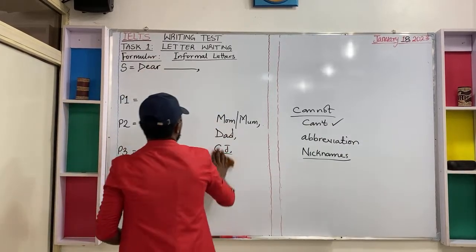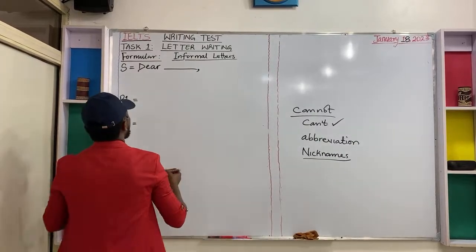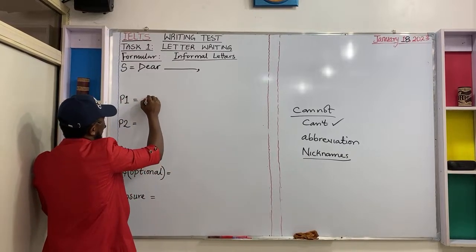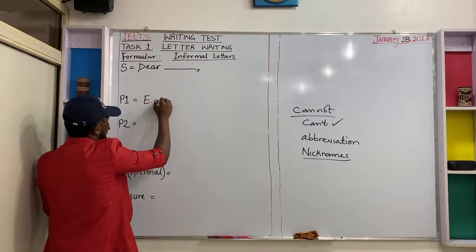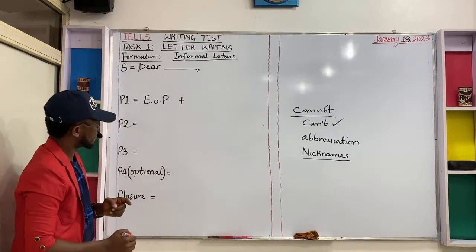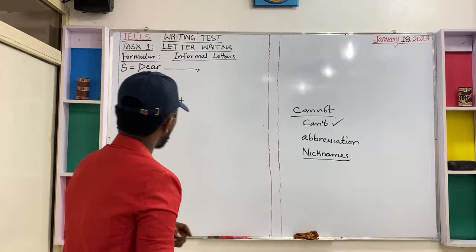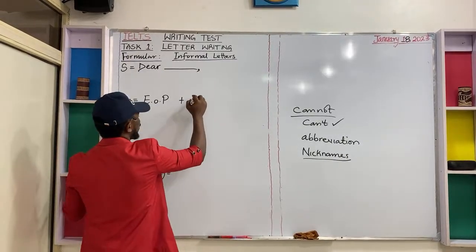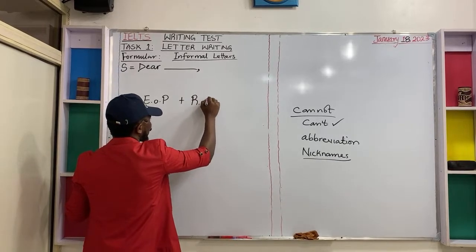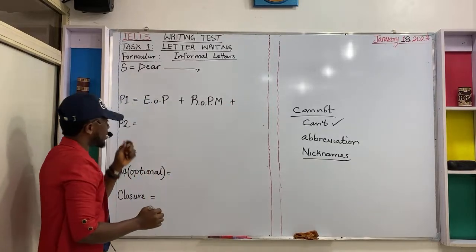After writing that, you go straight to your paragraph 1. Your paragraph 1 as an informal letter should have what we call exchange of pleasantries. And after that, you will have what we call recall of past memory.